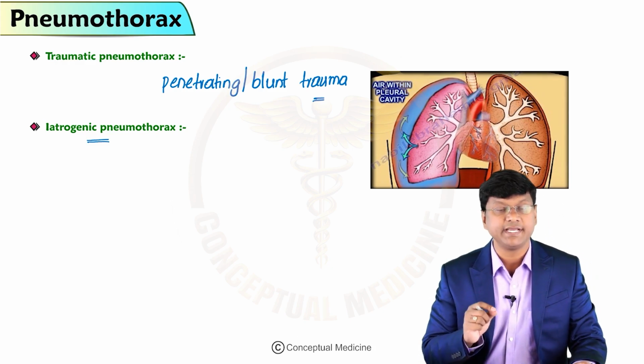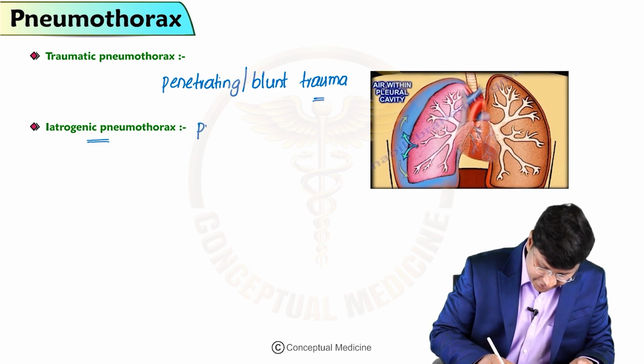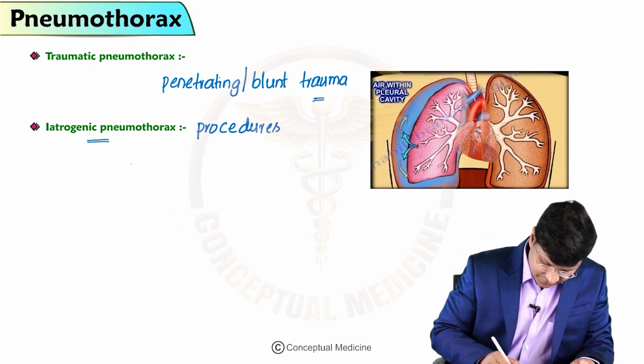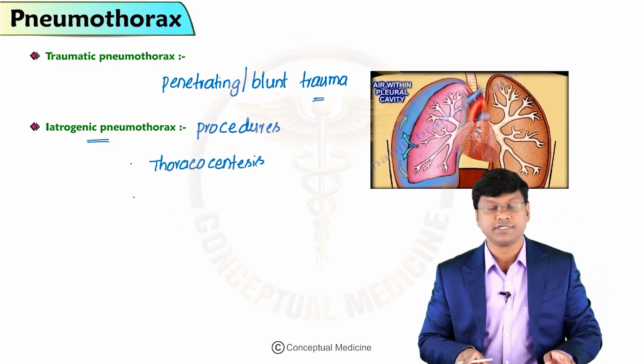Iatrogenic pneumothorax may follow certain procedures. And what are those procedures which may lead to the development of iatrogenic pneumothorax? Number one, thoracocentesis. Where will you come across thoracocentesis?